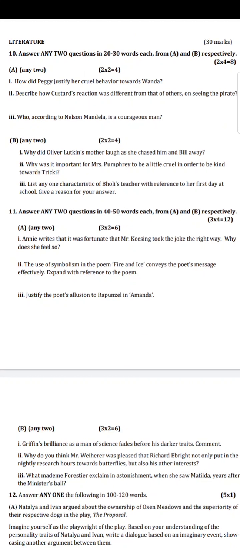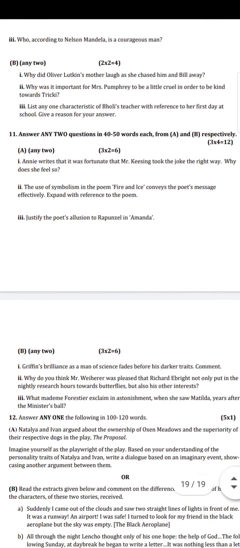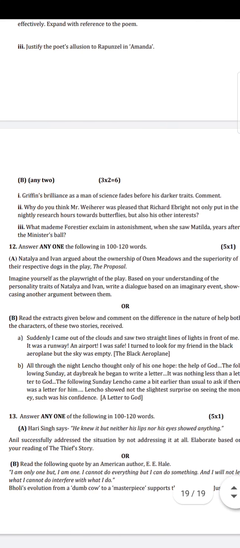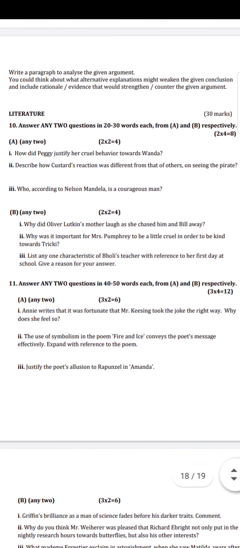Students, here you can see in question 10, you are given questions to be answered in 20 to 30 words. Then the next questions are to be answered in 40 to 50 words. Then the next in 100 to 120 words. So the word limit has been increased in every question. Make sure that you stick to the word limit and write the best possible answer that you can.